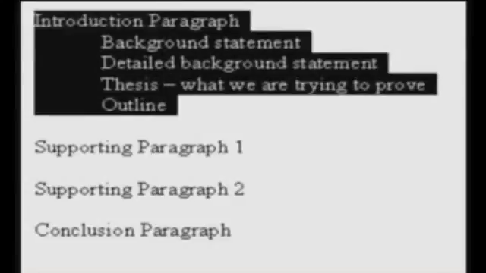So let's look at now the supporting paragraphs. So also within the supporting paragraphs there are sentences that have specific jobs. So the first sentence in supporting paragraph 1 is the topic sentence.